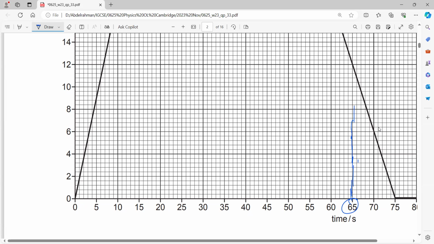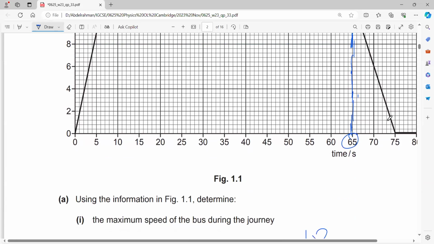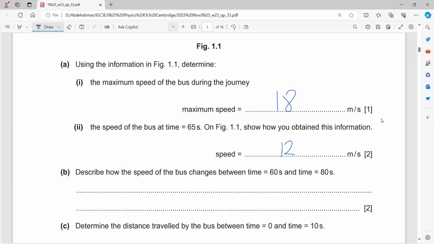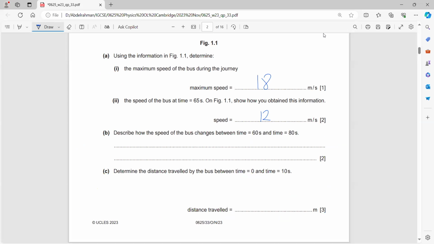It reached this point, and then I will draw a horizontal line. So the speed was 12 meters per second.